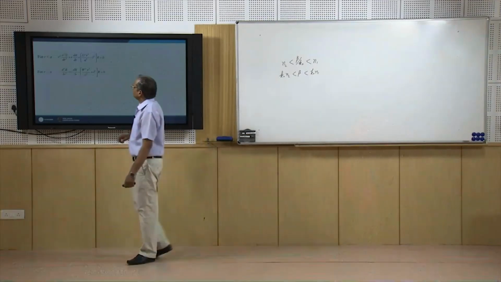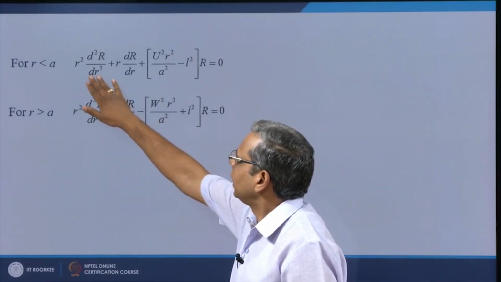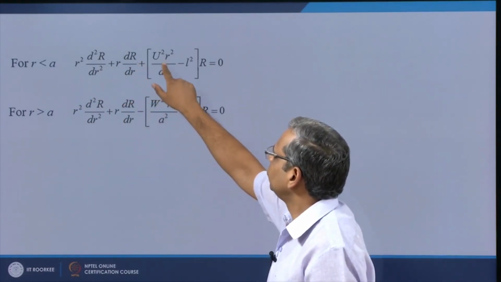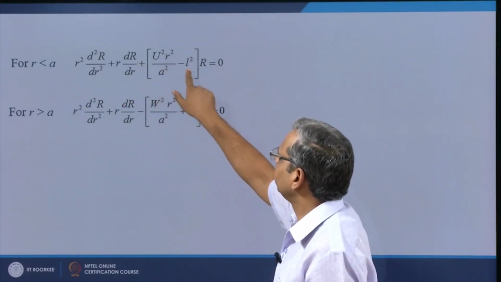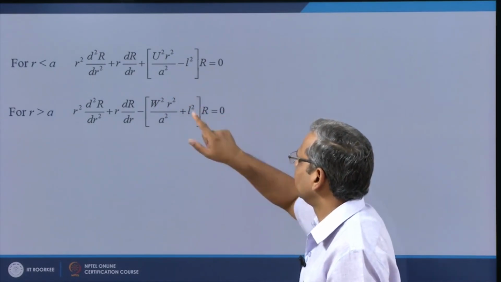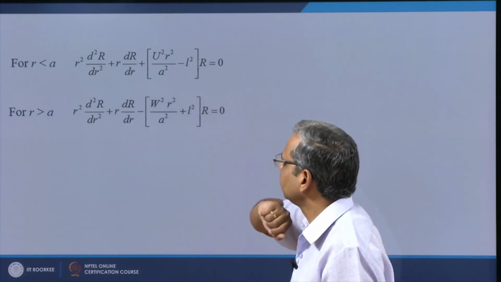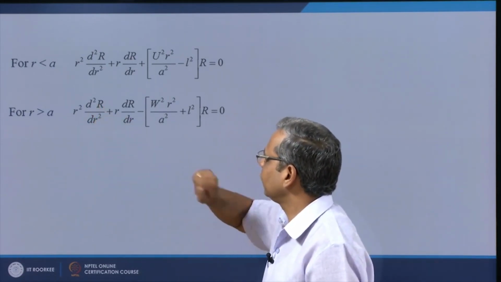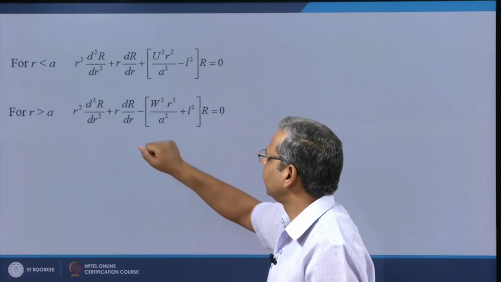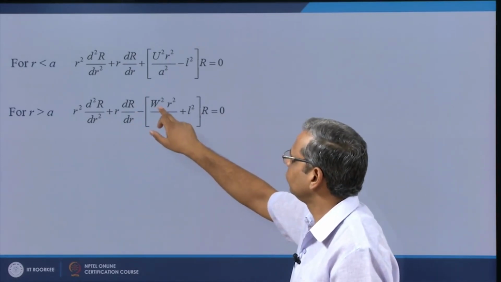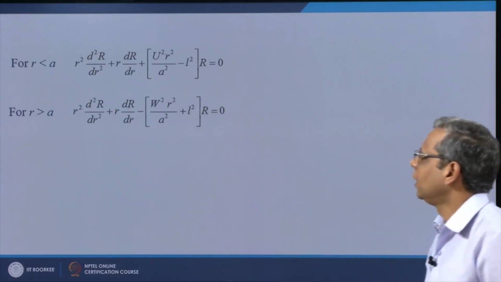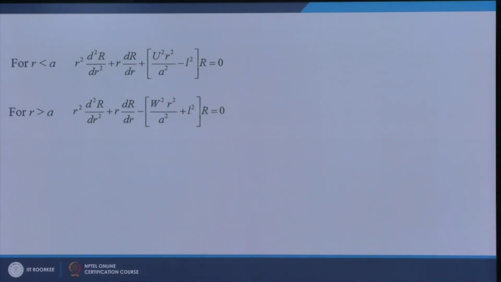So these equations now become R square d2R over dr square plus R dR over dr plus u square R square over a square minus L square times R is equal to 0 in the core, and in the cladding, R square d2R over dr square plus R dR over dr minus w square R square over a square plus L square times R is equal to 0.